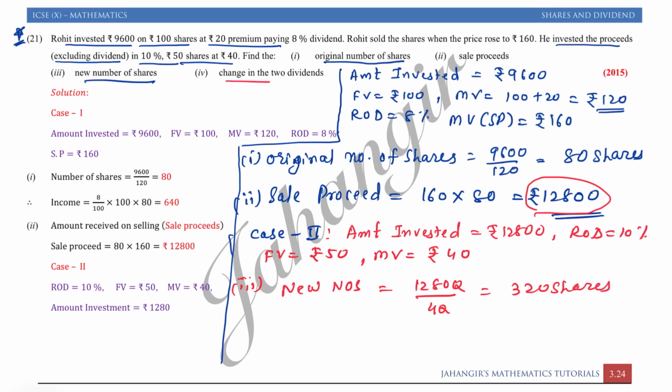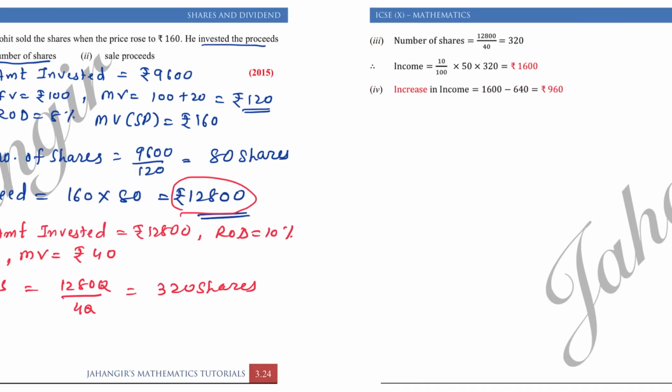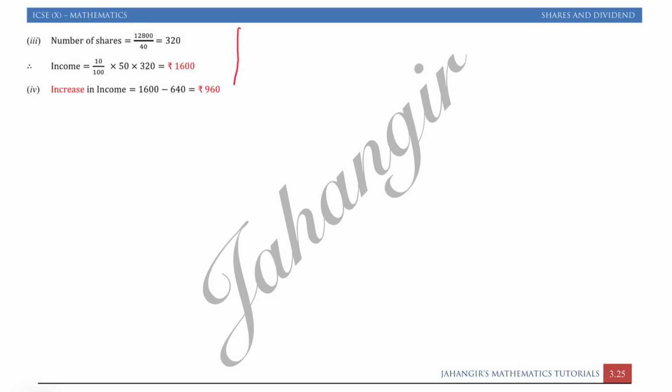Now for the fourth part, we have to find the change in the two dividends. We find the income on the first kind of share and the income on the second kind of shares, then find whether the change is increasing or decreasing. Income in case 1: rate of dividend was 8% upon 100, face value 100, and he holds 80 shares. 100 cancel.